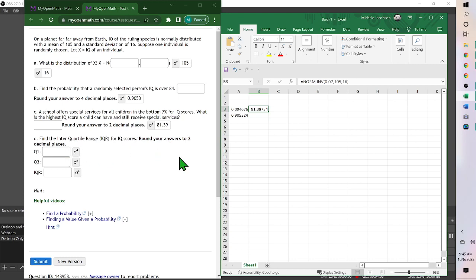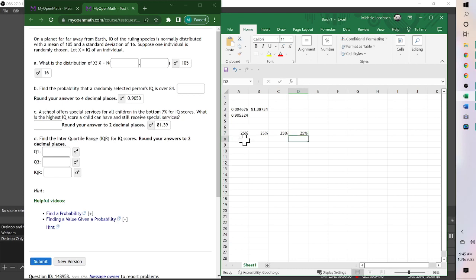Now for the quartiles, when you're working with the quartiles, the lower part is 25%, and then you have your quartile, and then there's another 25%, and then you have your median, and then there's another 25%, and then the next quartile, and 25%.